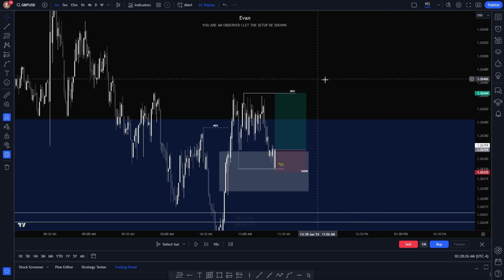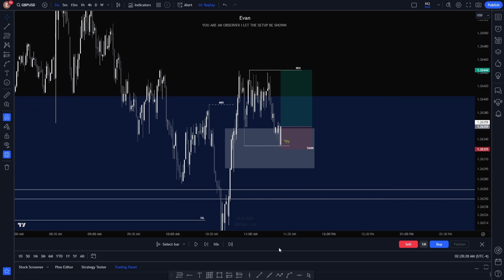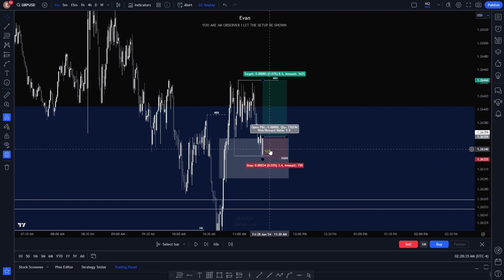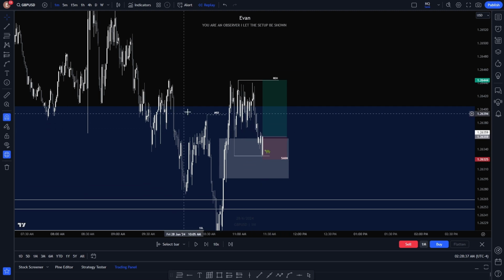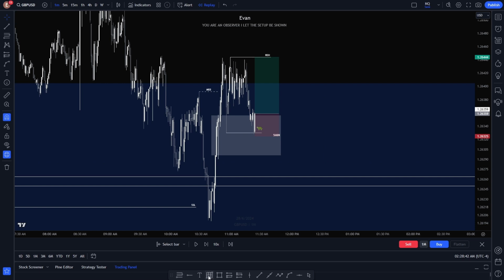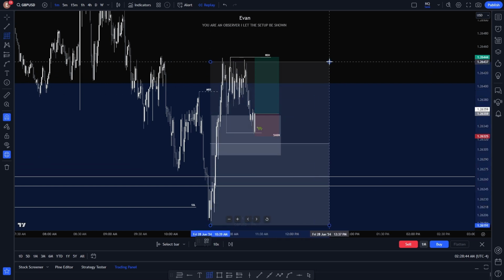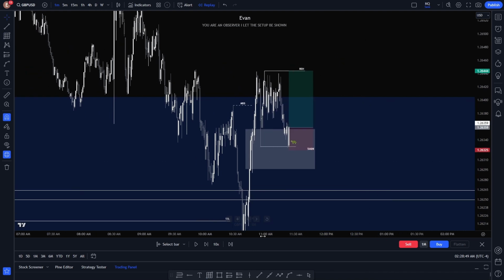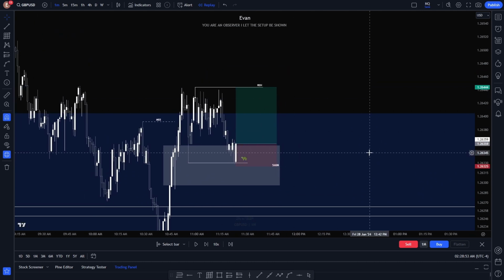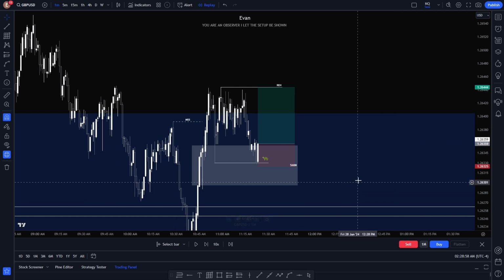We've come down, we've swept sell side, we've displaced up, created a 5-minute fair value gap, came back down into the high time frame PD array, created a low, swept sell side, retraced. We didn't quite retrace back to discount, but everything that needed to happen has happened, right? There's no reason for us to go lower.